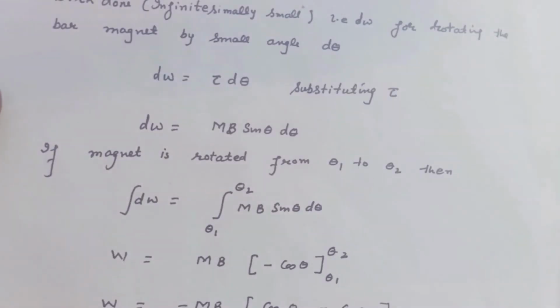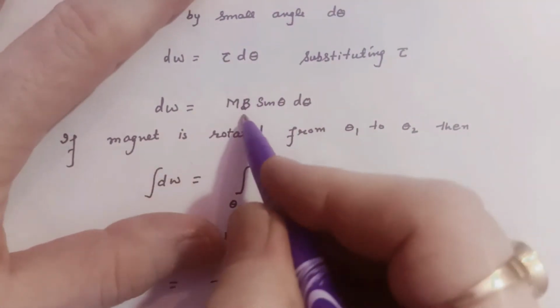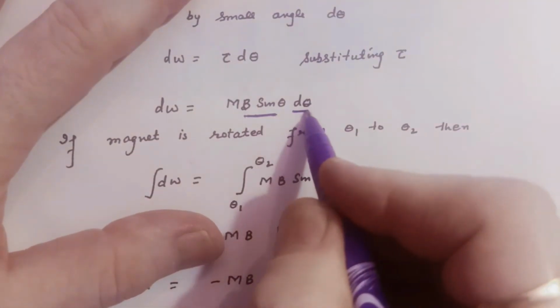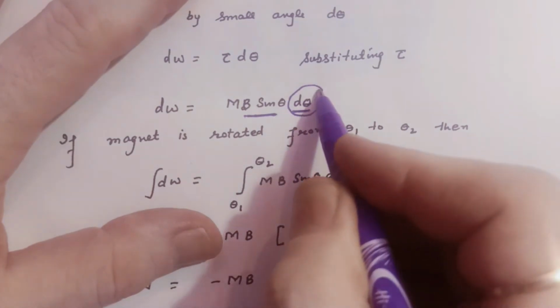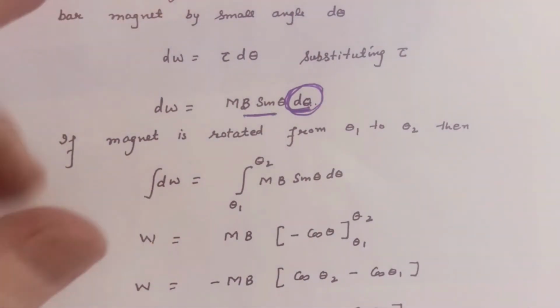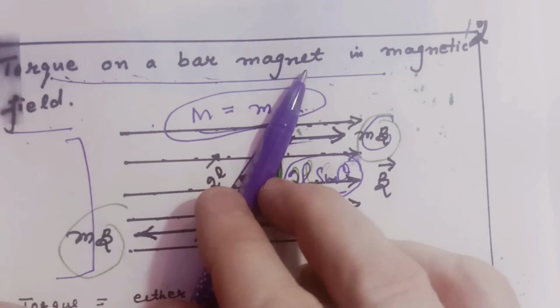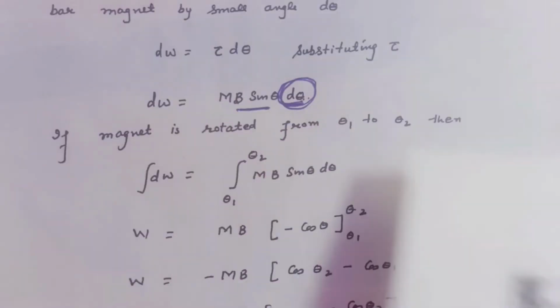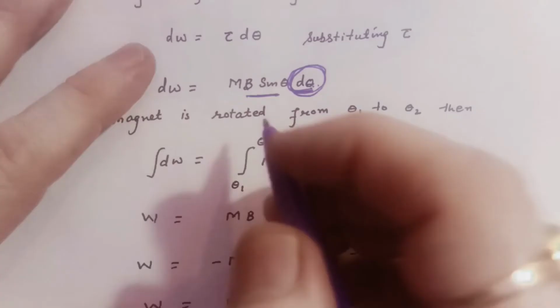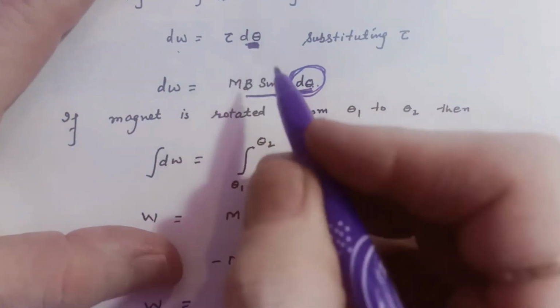So if the dipole is rotated, torque is mB sine theta, and you rotate it d theta against the tendency. Okay, and in my case, you rotate it anti-clockwise, along this side. Then this is a small work done, because the rotating angle is very small.